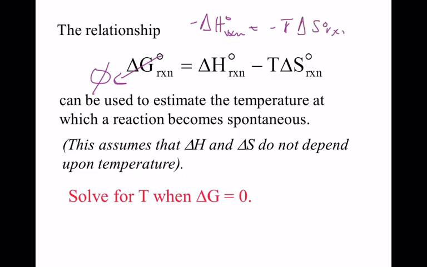Solving for T then, T is just a ratio of delta H Rxn to delta S Rxn. So I was confused because with the naught, I'm assuming, well, it's 25 degrees, but those numbers are at 25 degrees. The whole thing isn't necessarily. Right, exactly.